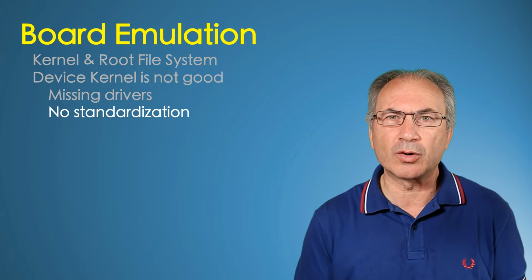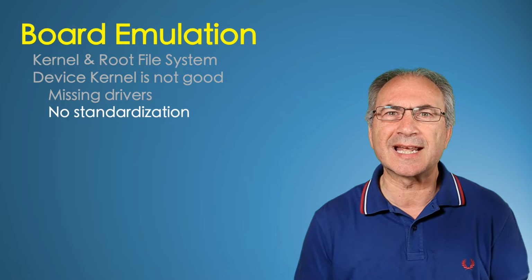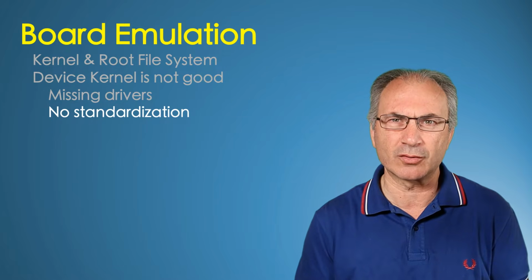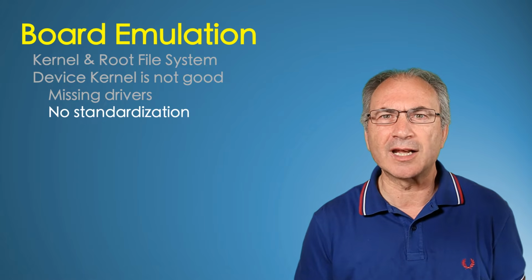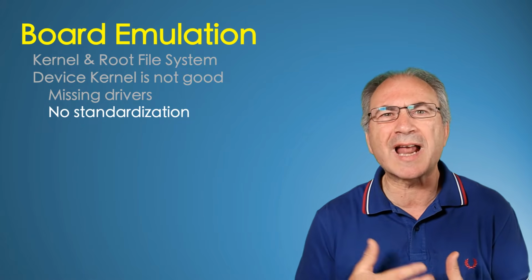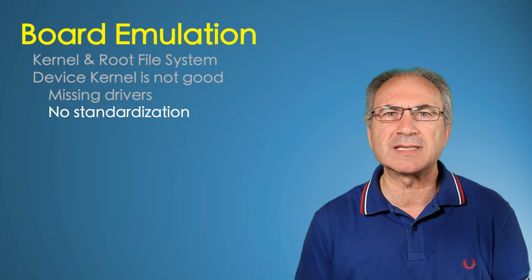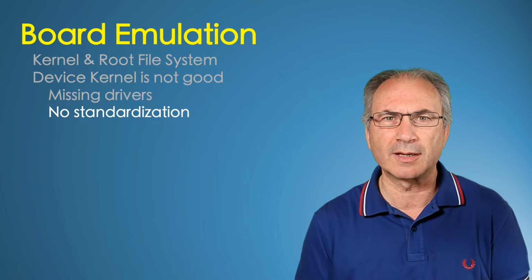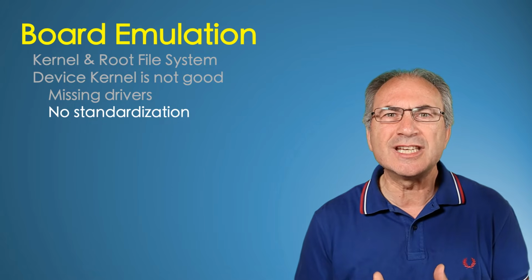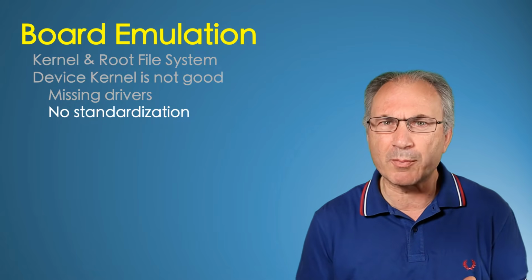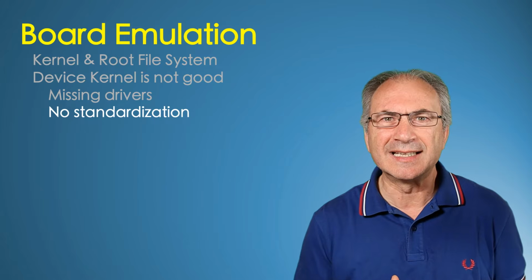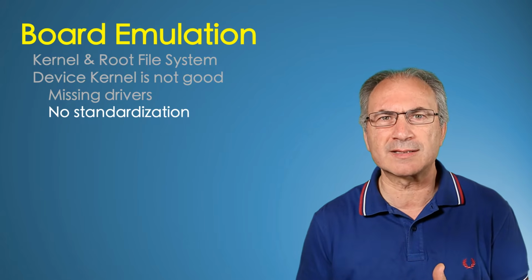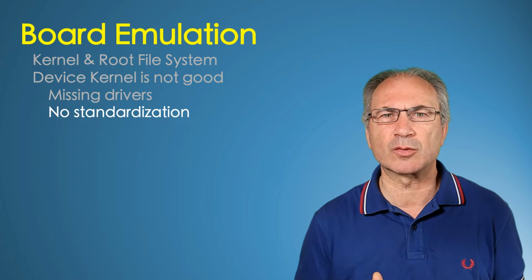Unfortunately, the embedded world is different from the Intel PC world. In the PC world there is a lot of standardization, and the Linux kernel running on a PC will run on almost any other PC manufactured by one of the thousands of PC manufacturers. In the embedded world, each system on a chip part number is designed by assembling a CPU processor and many peripherals without any standardization whatsoever.